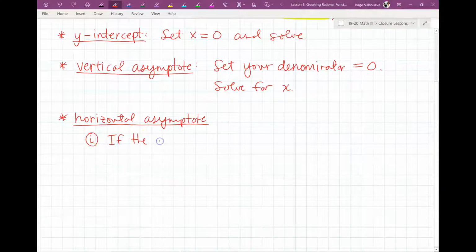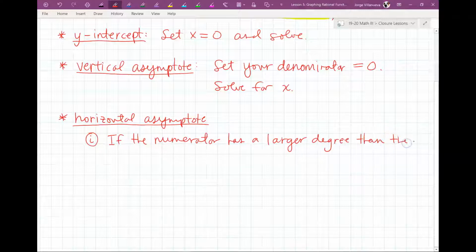If the numerator has a larger degree than the denominator.